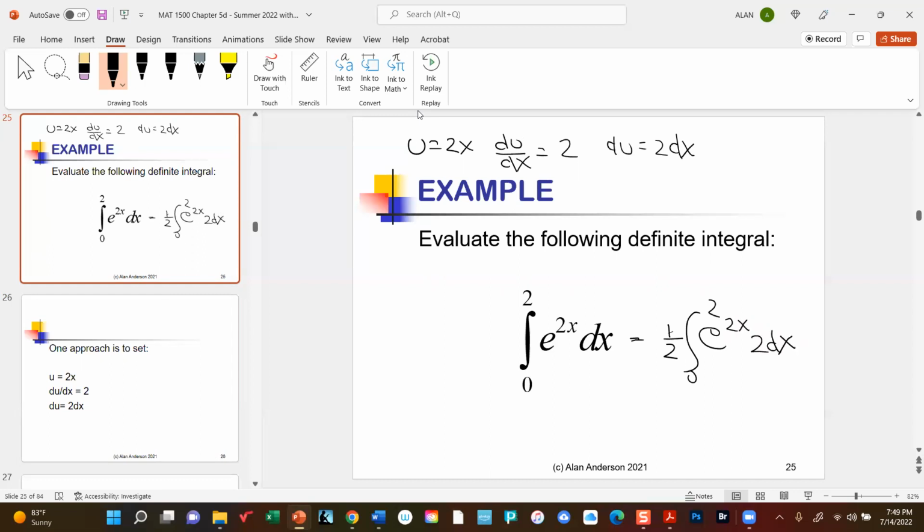So we multiply by half, multiply by 2, so we don't affect anything. We end up with 1/2 times the definite integral from 0 to 2 of e to the u du. So it's 1/2 e to the u evaluated between 0 and 2. Now, because 1/2 is a constant, we can actually factor that out here.